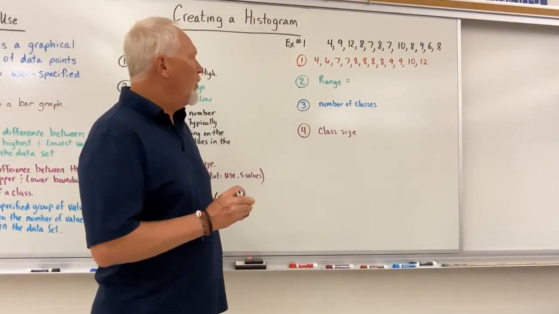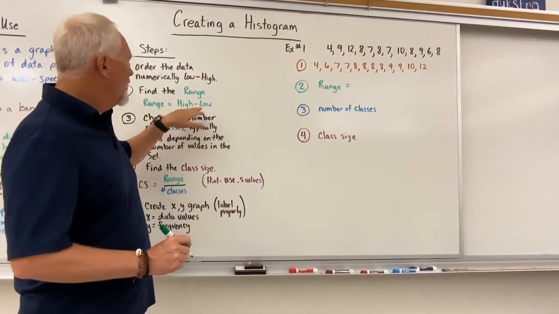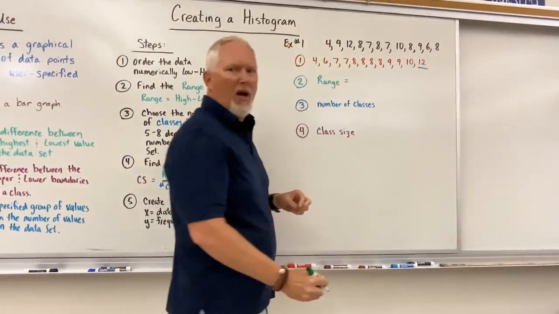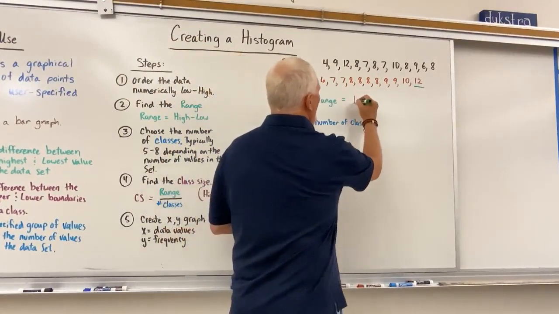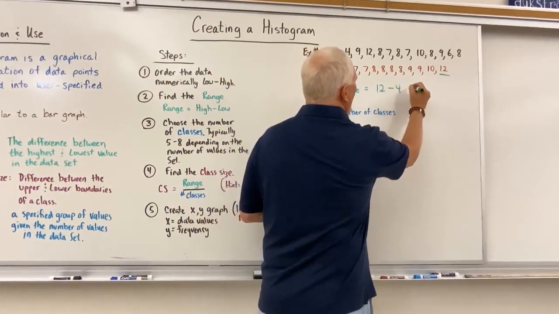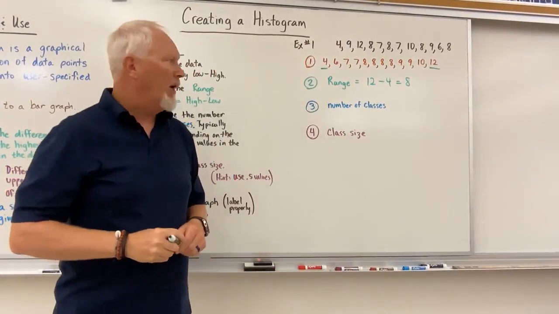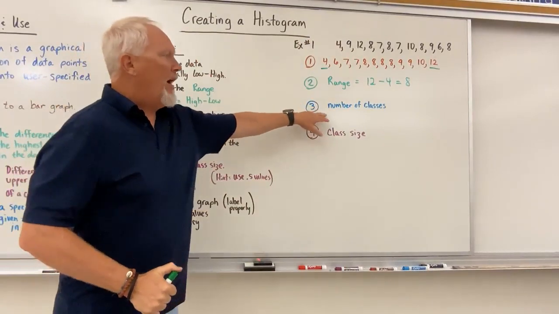We said that the range is the highest value minus the lowest value. In this case, 12 is our highest value, and 4 is our lowest. So we'll go 12 minus 4, which is 8. So that's our range. Our range is 8. Now, we need the number of classes.